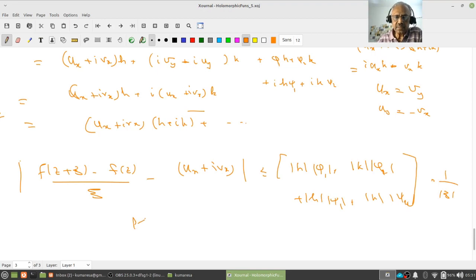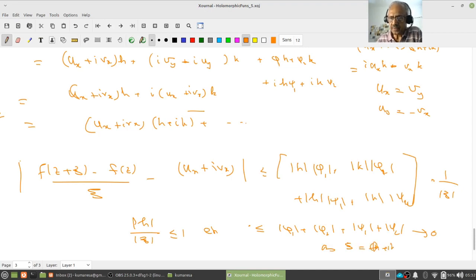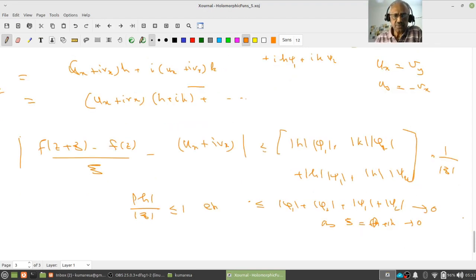But as I said earlier, mod h by mod xi is less than or equal to 1, etc. Therefore this is less than or equal to mod phi 1 plus mod phi 2 plus mod xi 1 plus mod xi 2. It goes to 0 as xi, which is h plus ik, goes to 0. That's it. So proved the result.